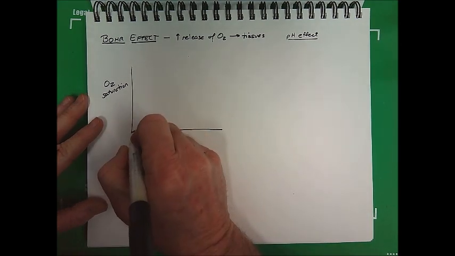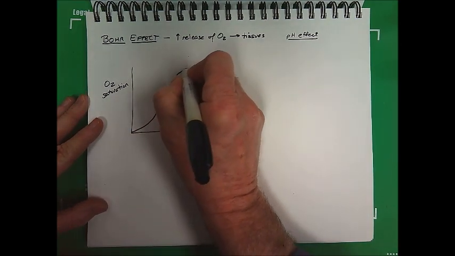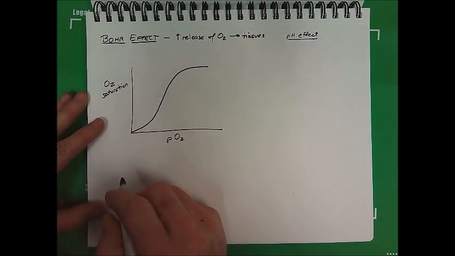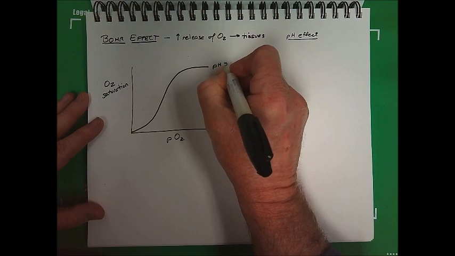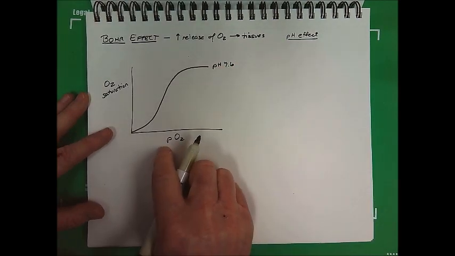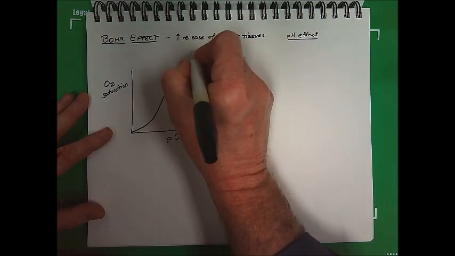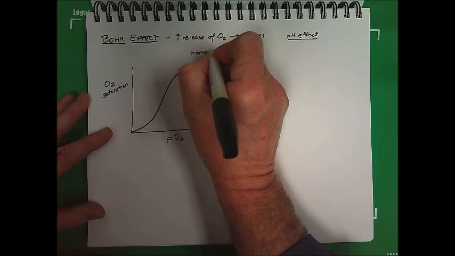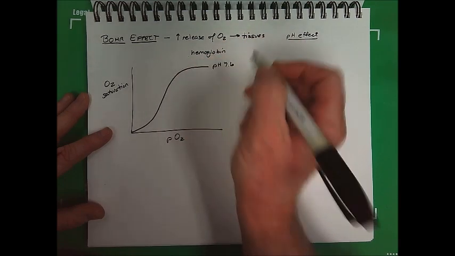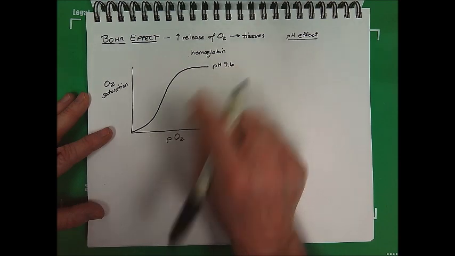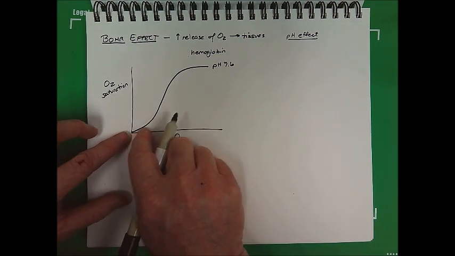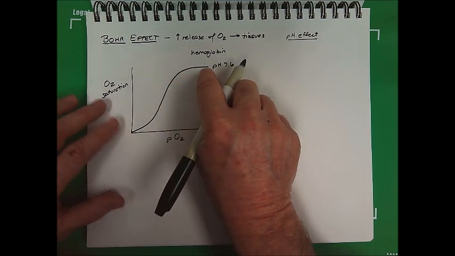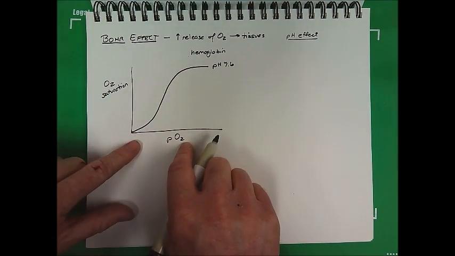And let's draw our binding curve for hemoglobin. Now let's say we do this binding measurement of oxygen to hemoglobin at pH 7.6. So at 7.6, this would be the binding curve of oxygen relative to the oxygen concentration in the environment.